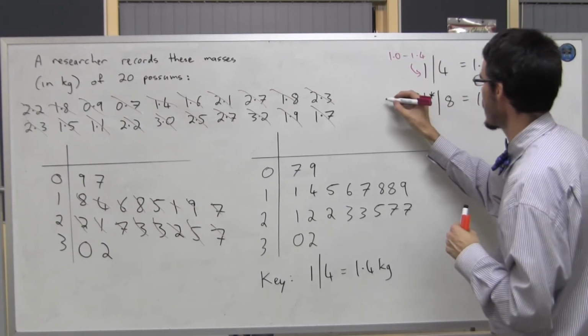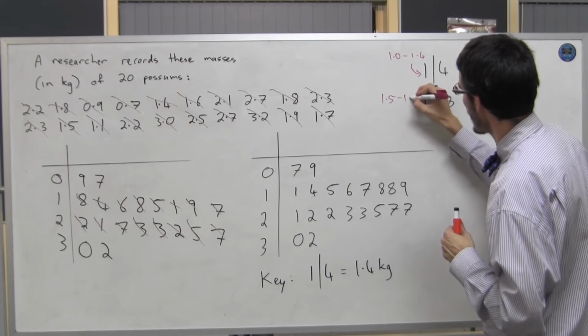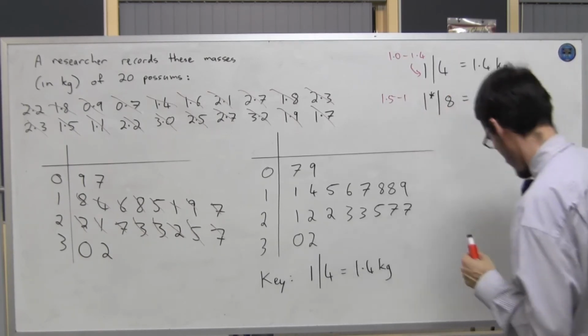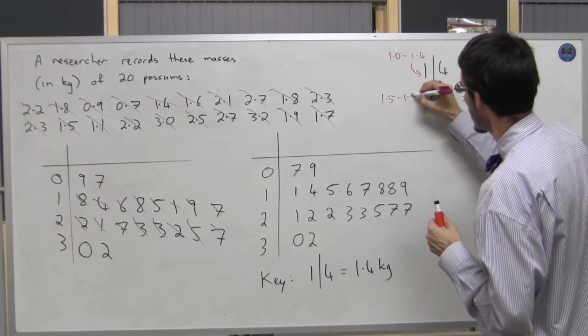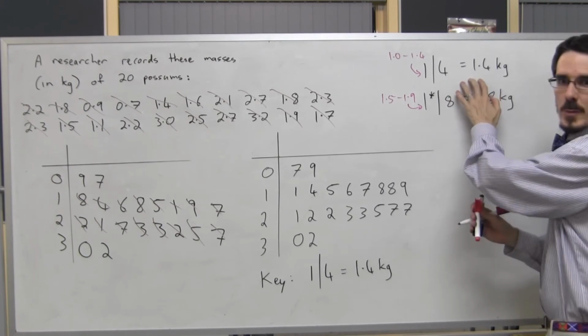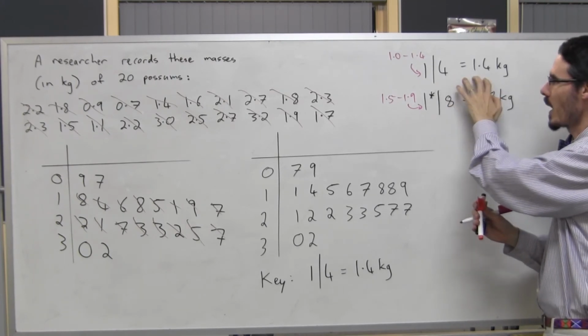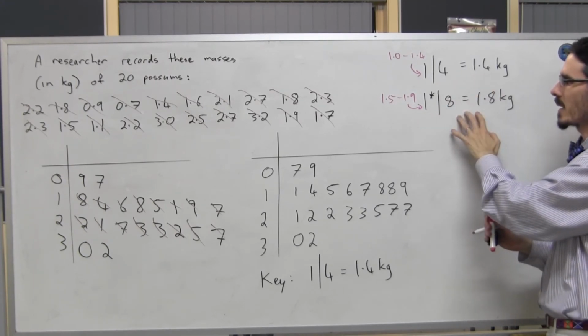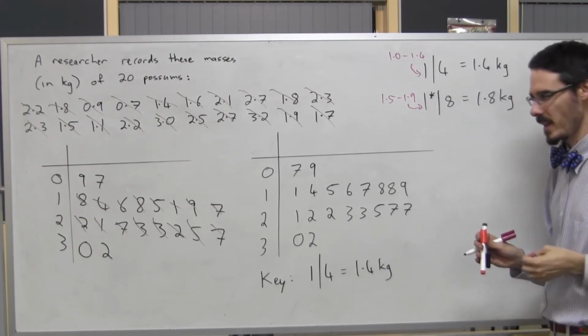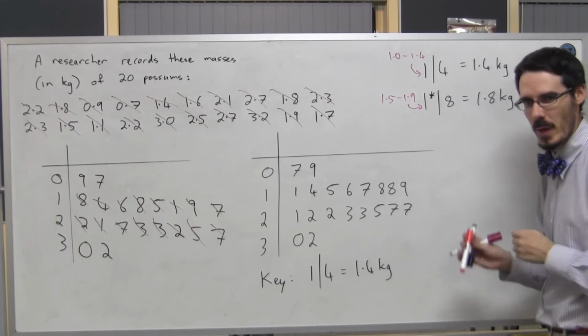And I'm going to put 1.5 up to 1.9 into here. So this group will be my smaller half and this group will be my larger half of the 1 point somethings. I think I can probably do it in place.